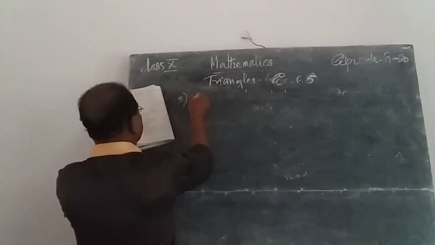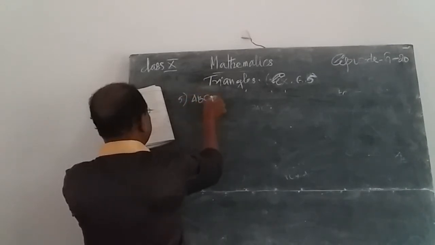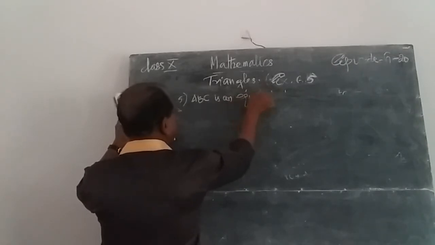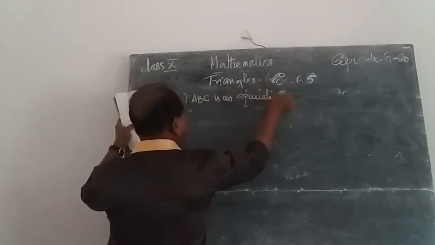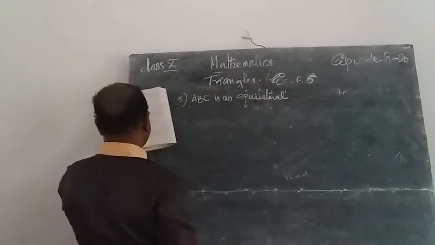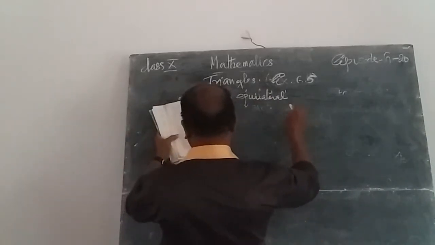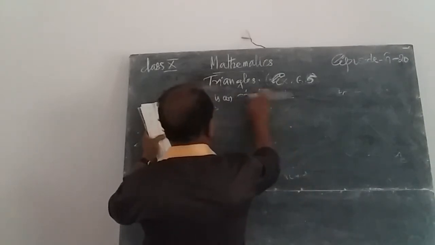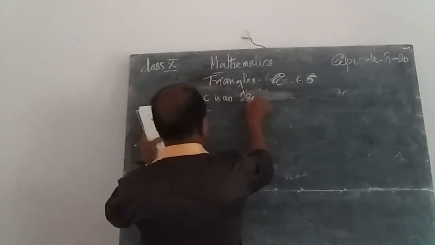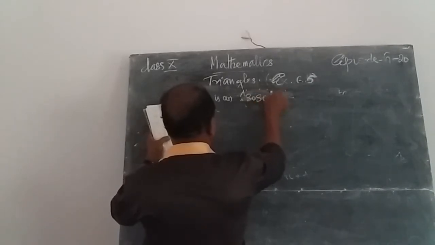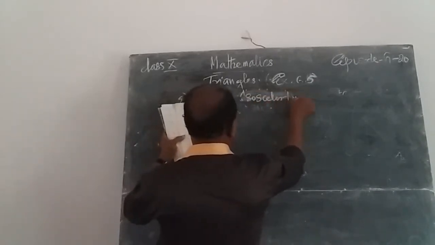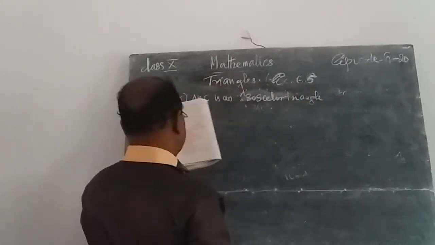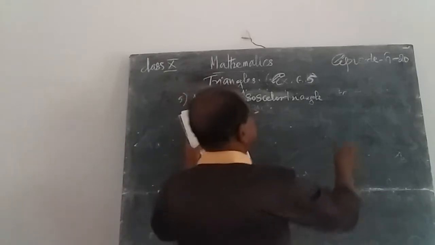Question number 5. ABC is an equilateral triangle. Sorry, ABC is an isosceles triangle with AC equal to BC.